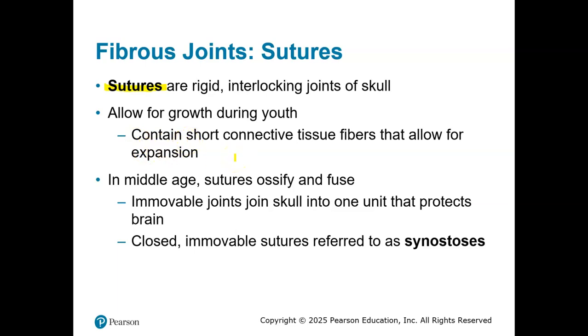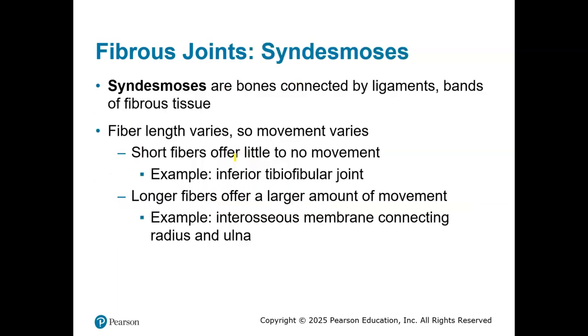The second type of fibrous joint is a syndesmosis. They give you the example of the inferior tibiofibular joint, which is where the tibia and the fibula meet. There's not a lot of movement, but there's some.